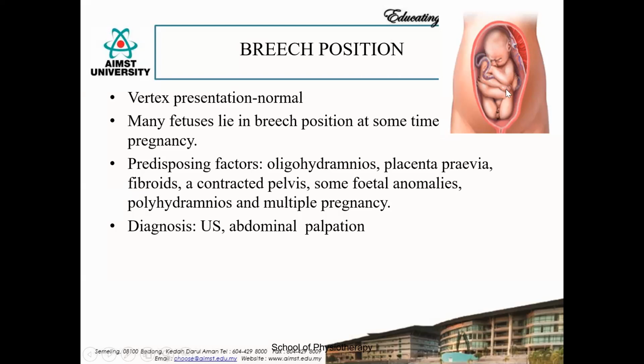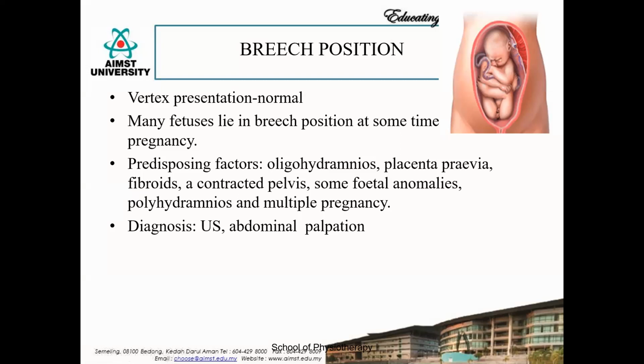But after 32 weeks, the baby comes and gets fixed in a certain position, getting ready for delivery. So after 32 weeks, if the baby's head is still not coming down and getting fixed in the cervix, it is called breech position.